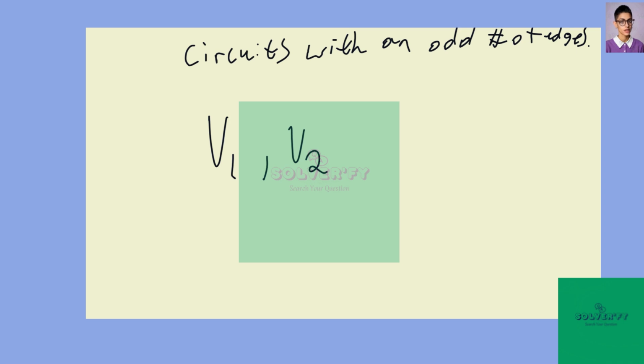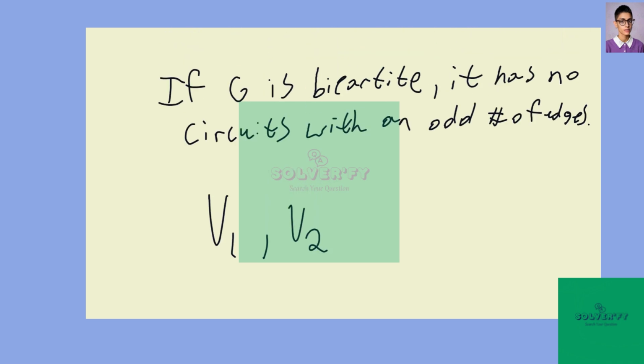And since all the edges in G go between V1 and V2, and C is a closed path, it must have an even number of edges since we start and end at the same vertex. This means that C has an even number of vertices, and therefore if G is bipartite, then it has no circuits with an odd number of edges.